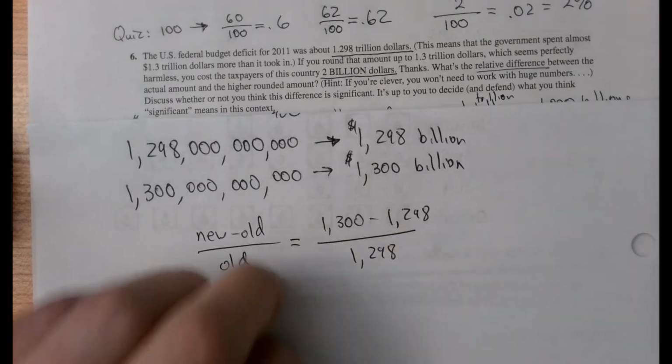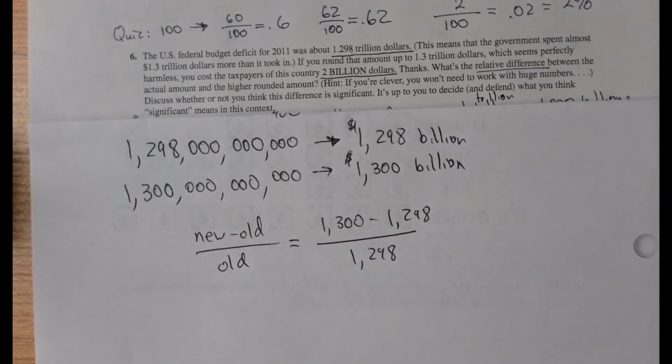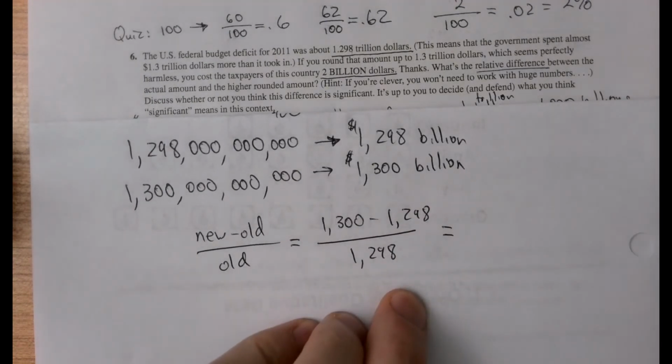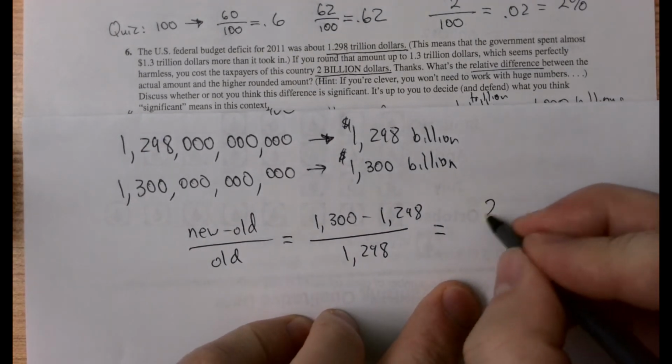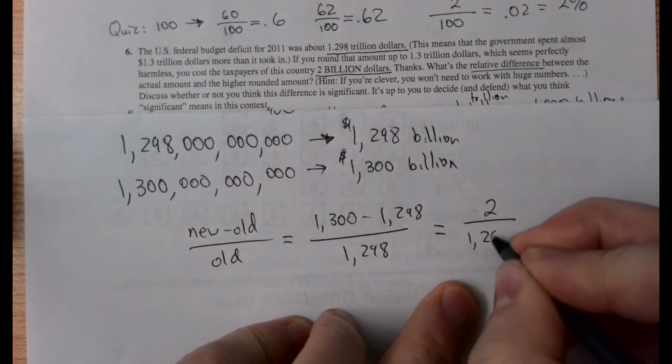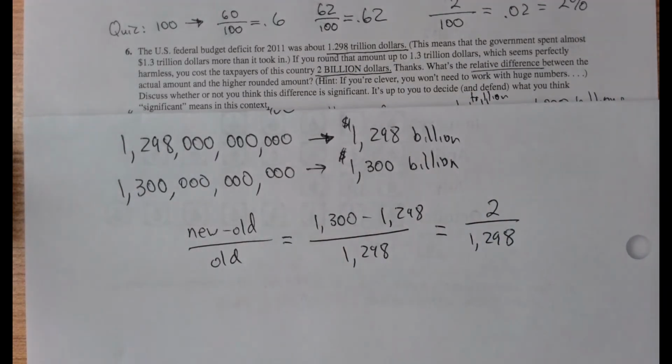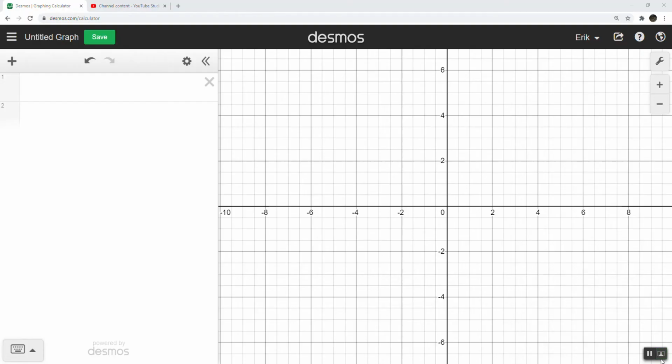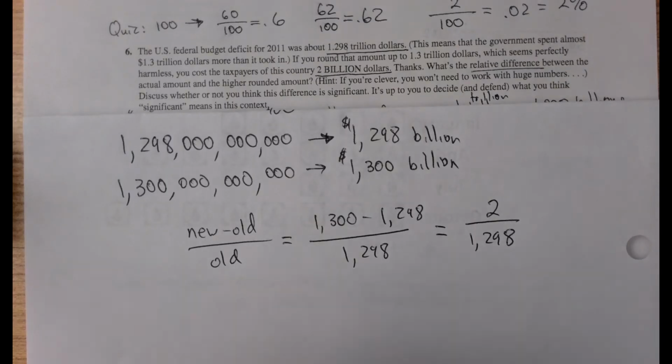Since they're all in the same scale, the billions would all cancel out, the dollars would all cancel out, and we'll be left with exactly just a unitless percentage that we would then have to interpret in context. So in other words, 2 billion divided by 1,298, let's check what that turns out to be as a percentage. And I'm getting 0.0015 if we round to 4 decimals. Seems like a reasonable rounding.